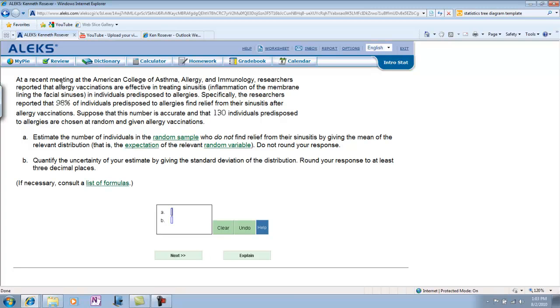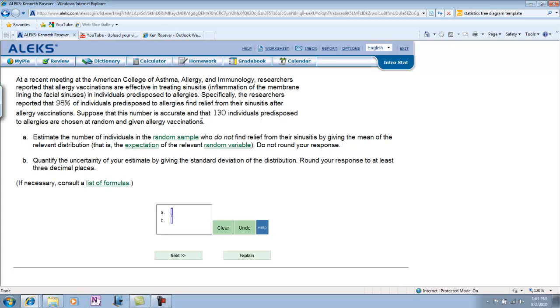Okay. This time it's 98% of individuals who are predisposed to allergies find relief using allergy vaccinations.